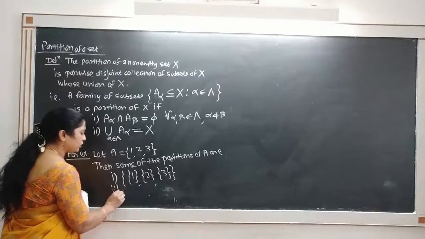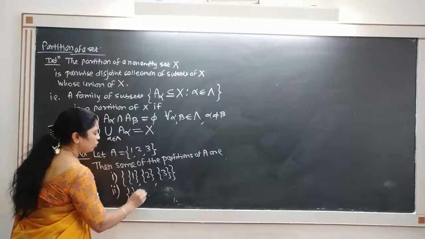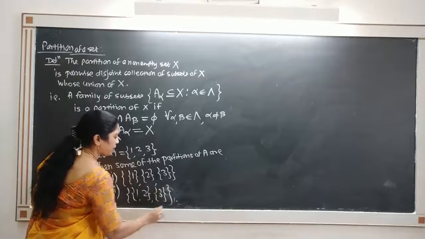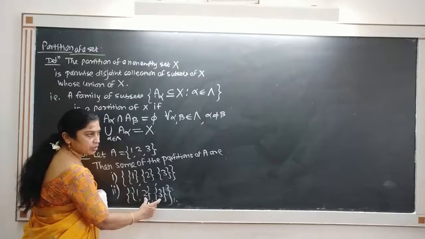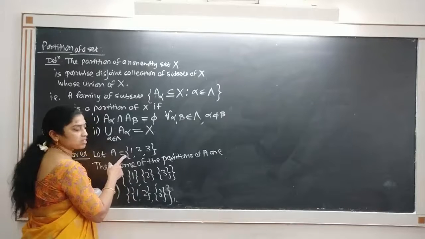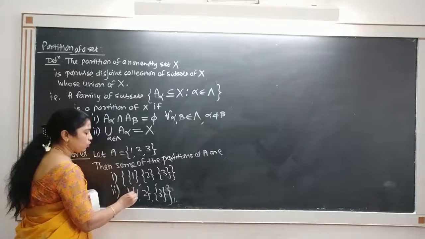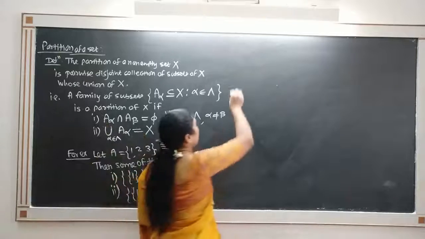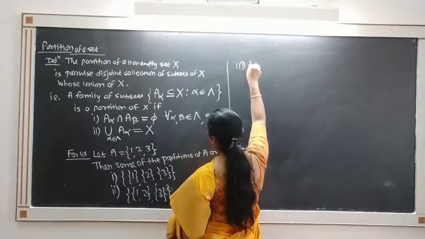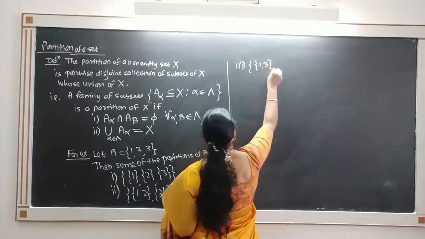Then only it is a partition. One of the partitions is, for example, {1, 2} and {3}. Observe that if you take the intersection, it is the empty set, and if you take their union, we will get the whole set A, and therefore this is also a partition. 1, 2 together, 3 in one set. The third partition, we can write as {1, 3} and {2}.